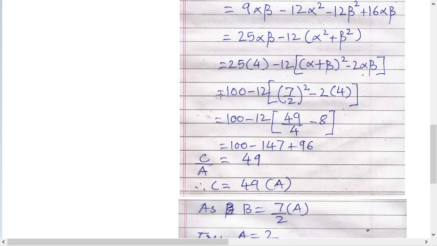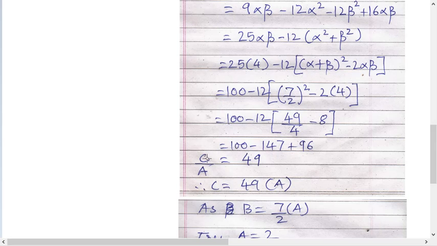So our expression becomes 100 minus 12 into 7 upon 2 the whole square minus 2 into 4. So solve this. 7 square is 49 upon 4 minus 8, and the rest as it is. You can do it in a simpler way, multiply 12 inside. 12 into 49 upon 4 is 49 into 3, 147, and minus 12 into minus 8 is plus 96.